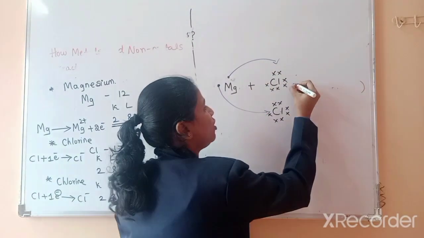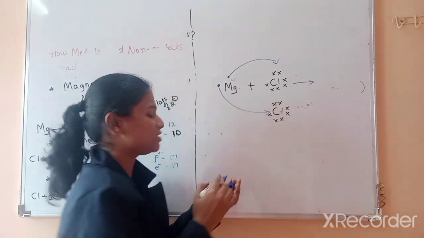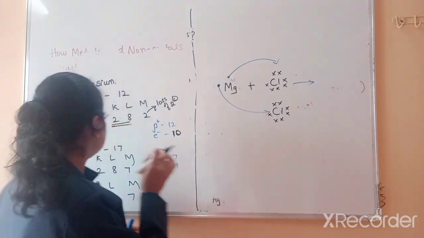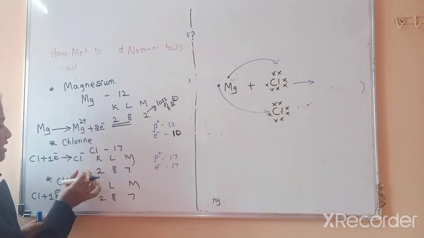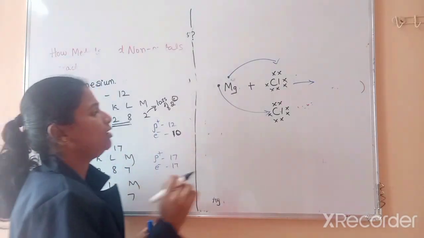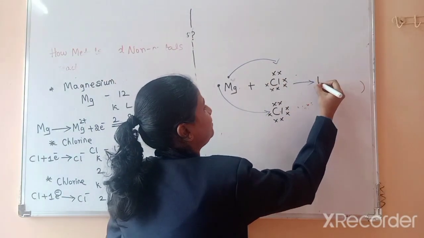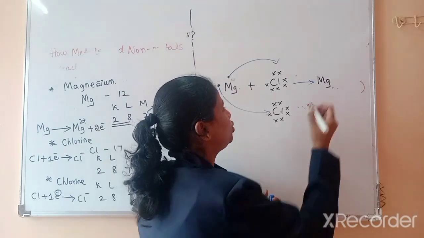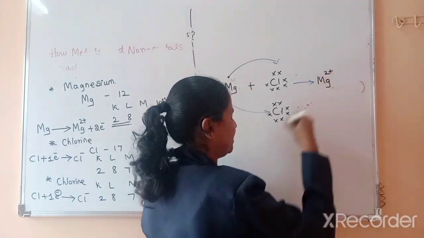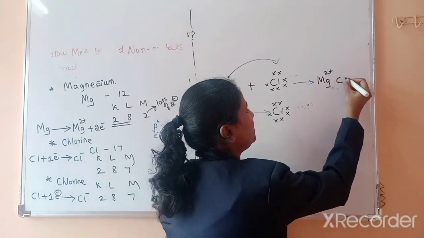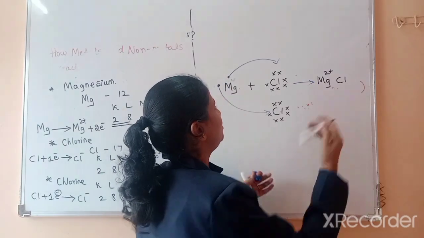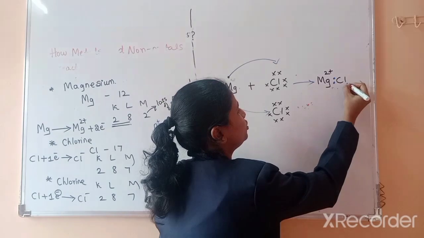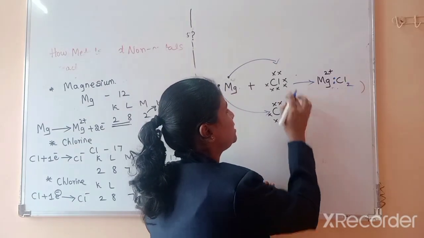So what is formed? The electrostatic force is developed between the atoms, as these are oppositely charged particles. So here Mg2+, as it loses 2 electrons, and Cl we get with the 2 electrons, Cl2, because Cl2.